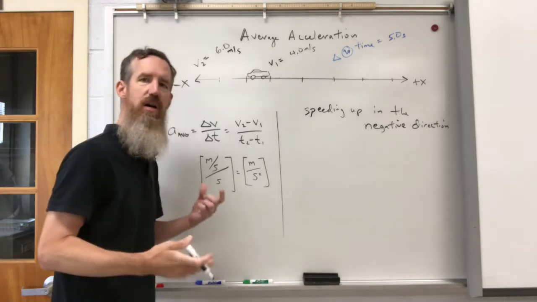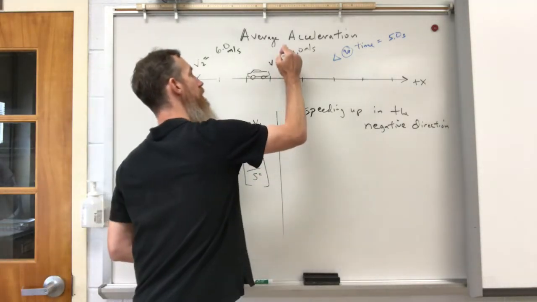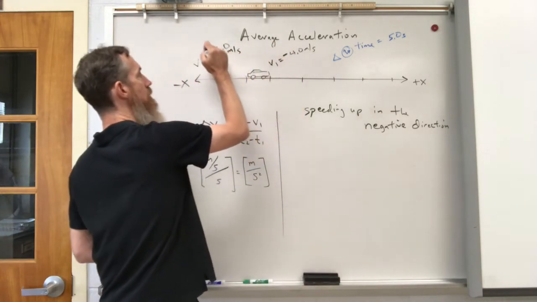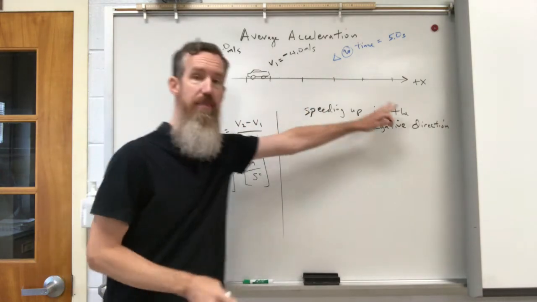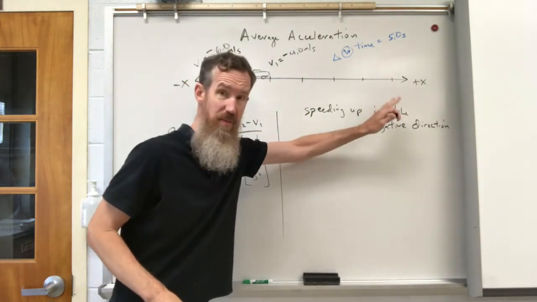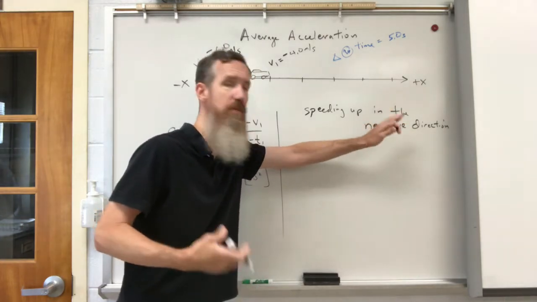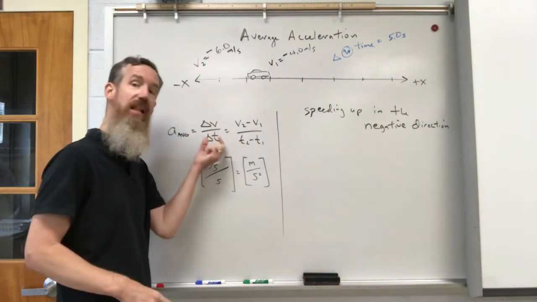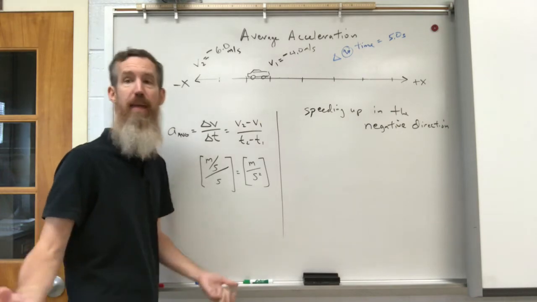But since we are going this way, these are going to be negative velocities. If I'm calling that positive, but my object or my car or my person is moving backwards, those velocities are negatives, indicating you're moving backwards.